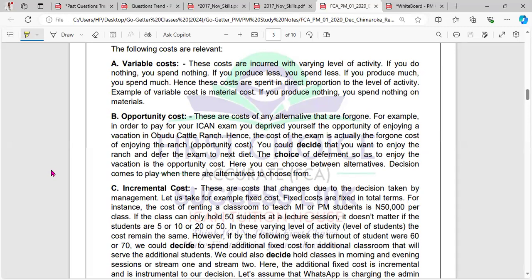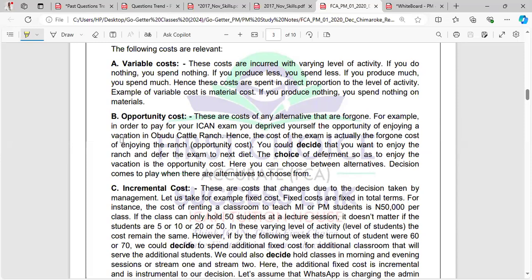And so, if you are to forego your ICAN, what will you use the money for? For Obudu Cattle Ranch, which is the next one after it. But because you have done your ICAN, you forego Obudu Cattle Ranch, which is the nearest in your scale of preference. That's your opportunity cost.